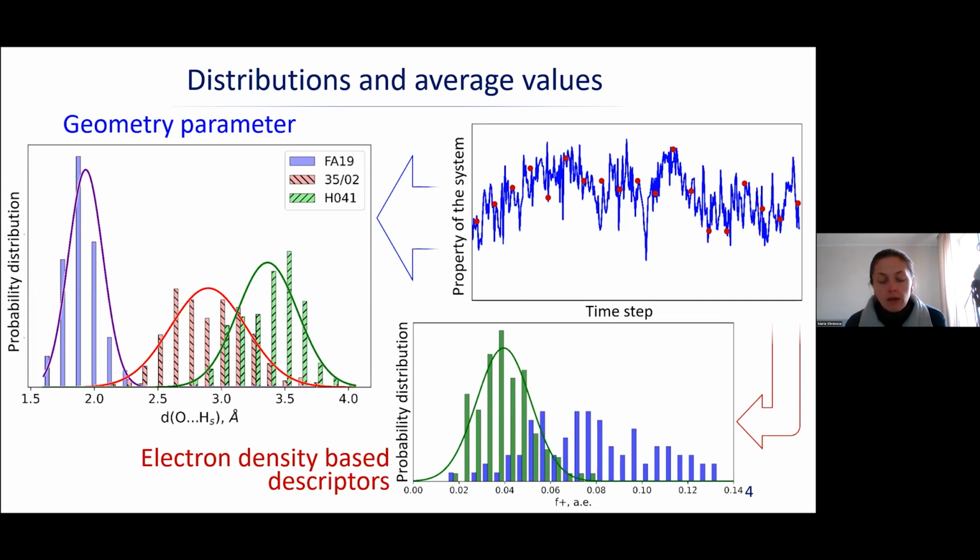Still, they do not demonstrate the origin of the effect. So the electron density based descriptors are more, how to say, they can demonstrate what is happening with the system from the electron density point of view.